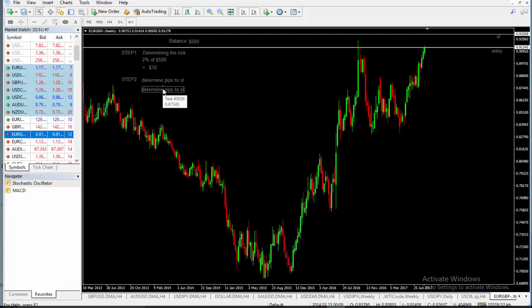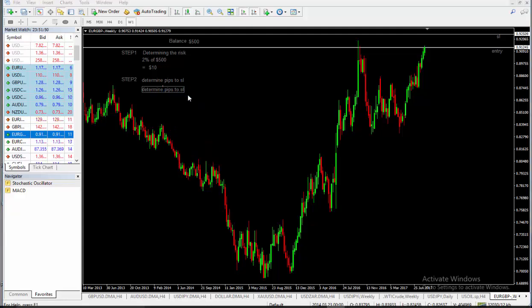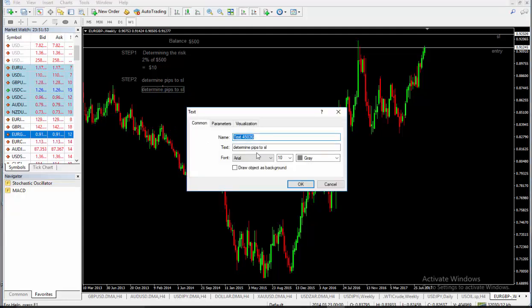So to determine our pips to stop loss, what we have to do now is take our stop loss, the value of that price number there.